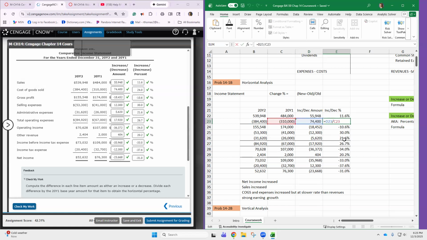Okay, so then, okay. So costs actually went up. Okay, so then I need to put the, okay. Okay, I think I got that one in, and then this one is just calculating.